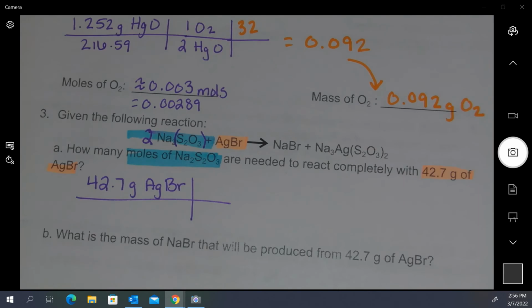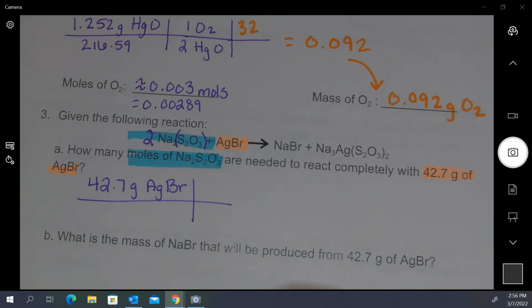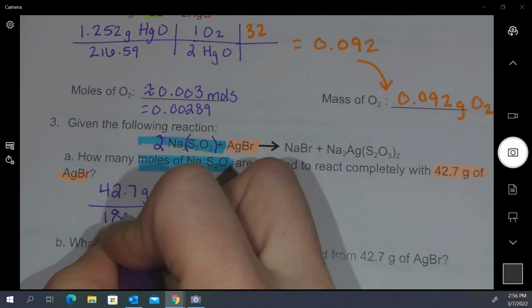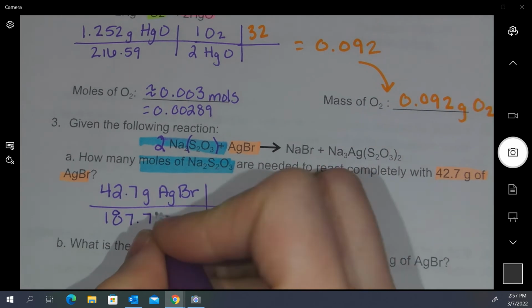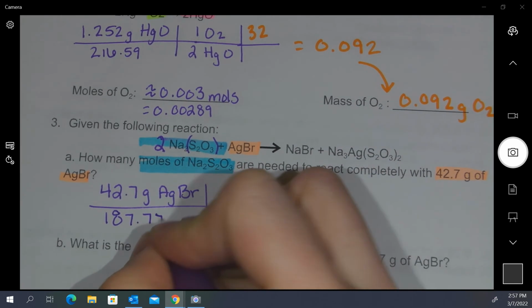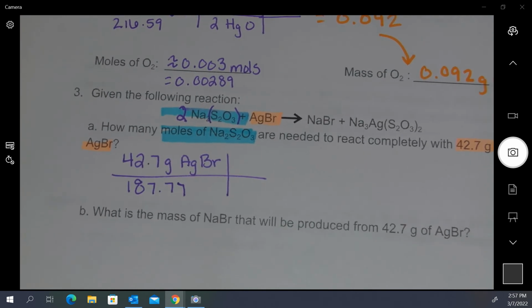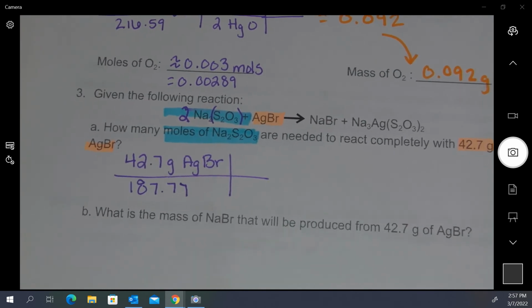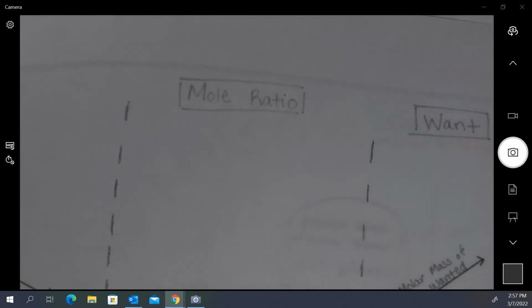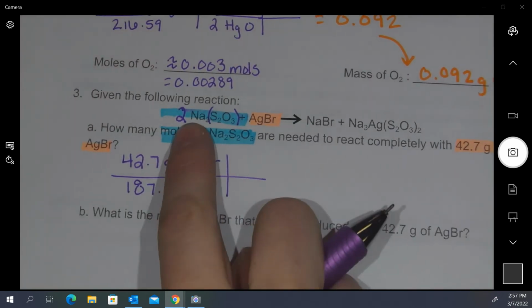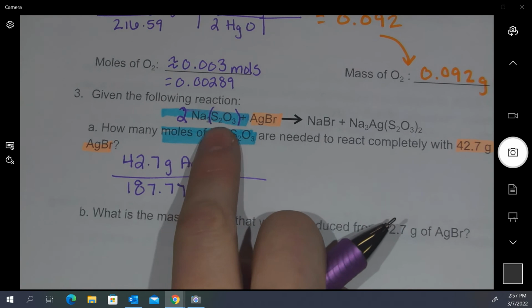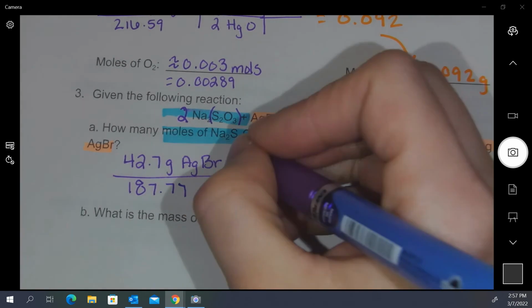What's my molar mass of AgBr? 187 point what? 74? Cool. We'll go with 187.7. All right. This one wants moles, so I need my want over my given. I want Na2S2O3, and there's a 2 in front of that.